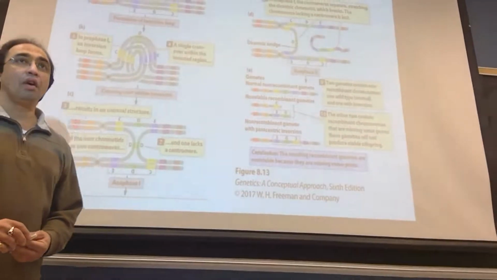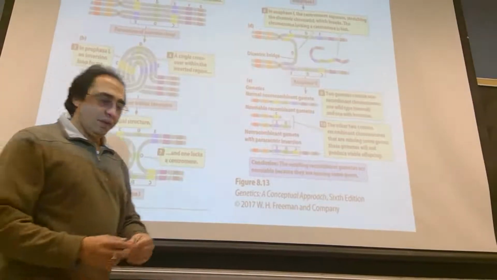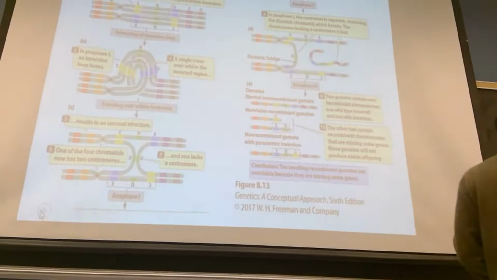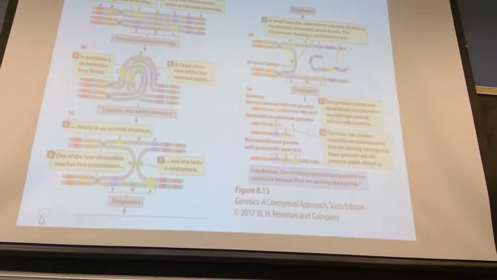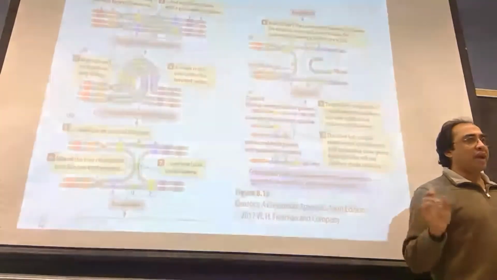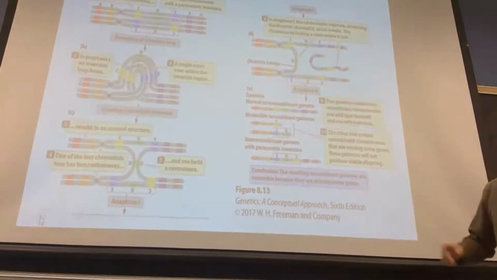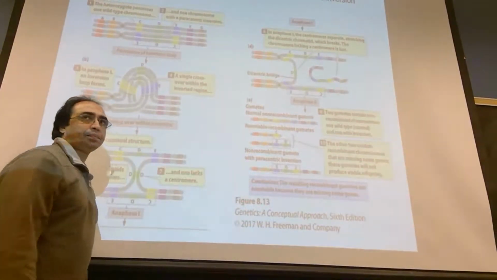Those gametes are non-viable. But the other two are normal. If you think about the other two chromosomes, this one is normal, and this one is also normal. Those two are normal. One is inverted, one is normal. So we can find out this kind of thing.